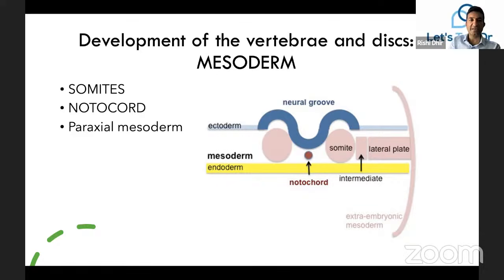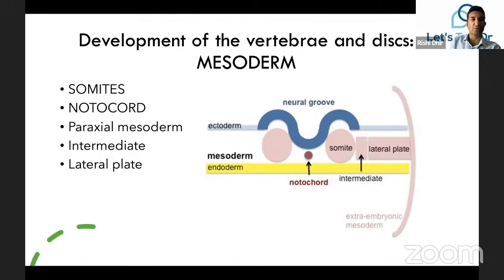The intermediate mesoderm, which gives rise to your genitourinary system, and the lateral plate mesoderm, which splits into a ventral layer at the front, forming the mesothelial covering of the viscera, and a dorsal layer at the back, which gives rise to your skin dermis and parietal lining of the body wall, okay? So remember, the somatic system is parietal, dorsal. The splanchnic system is visceral or ventral.